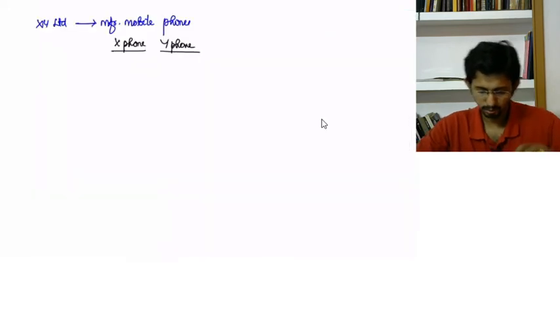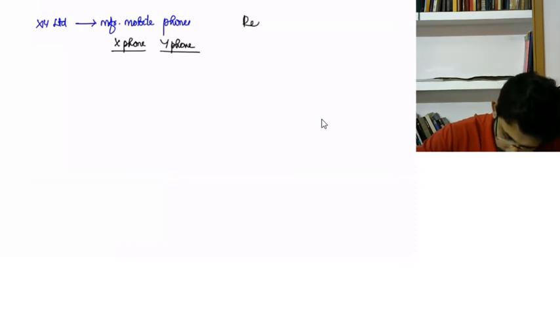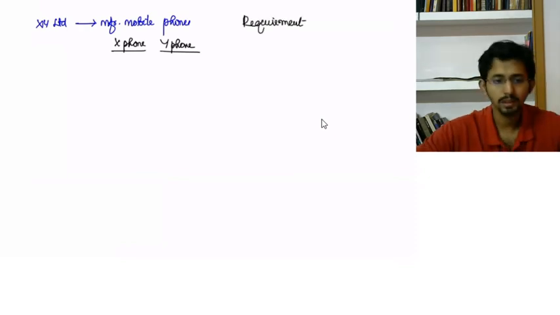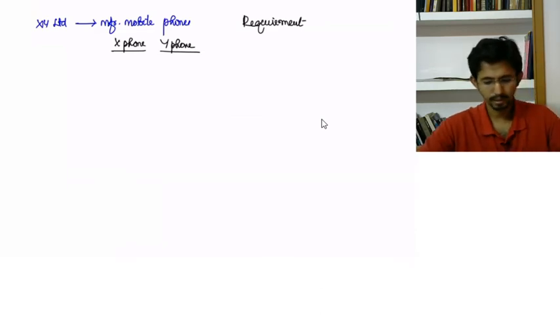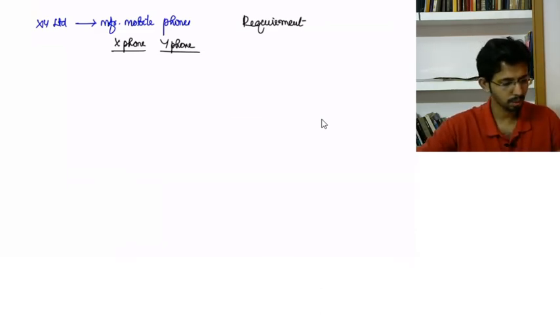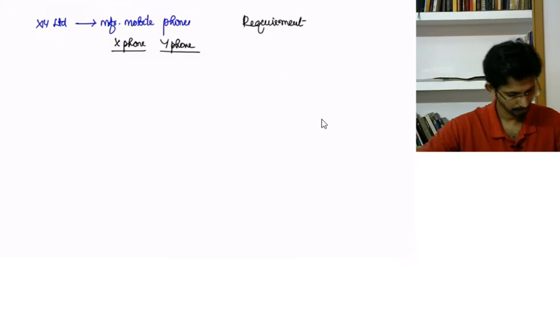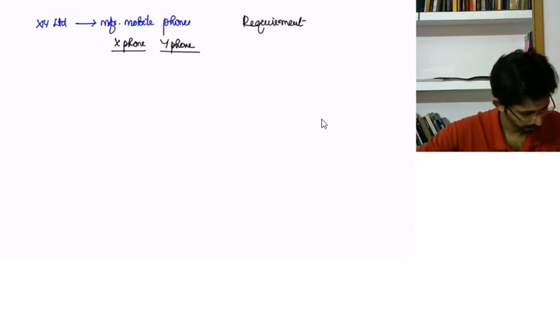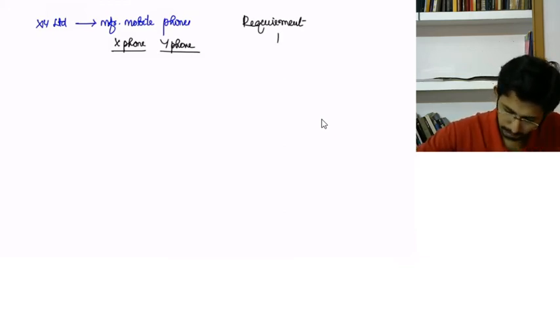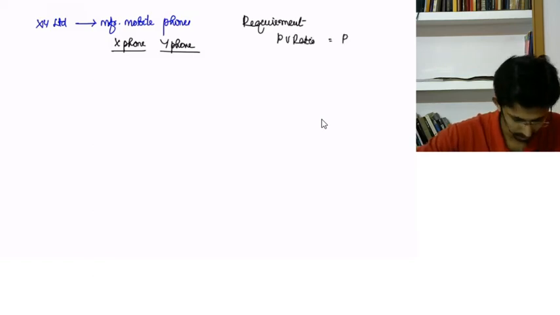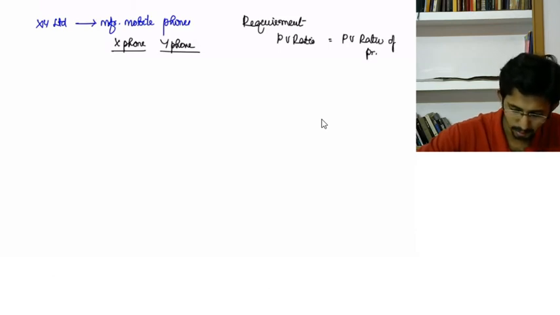Okay, so requirement. What are the requirements for the next period? They say that the PV ratio should be equal to the PV ratio of the previous period.